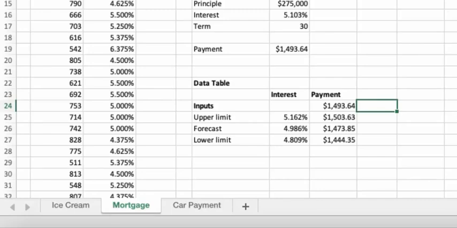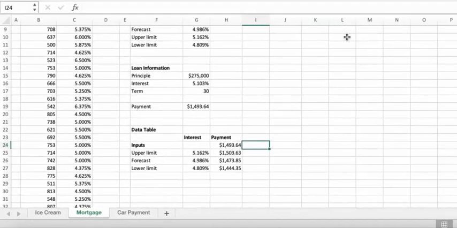And like I said before, I can be 95% confident that my eventual payment will lie somewhere between $1444.35 and $1503.63.